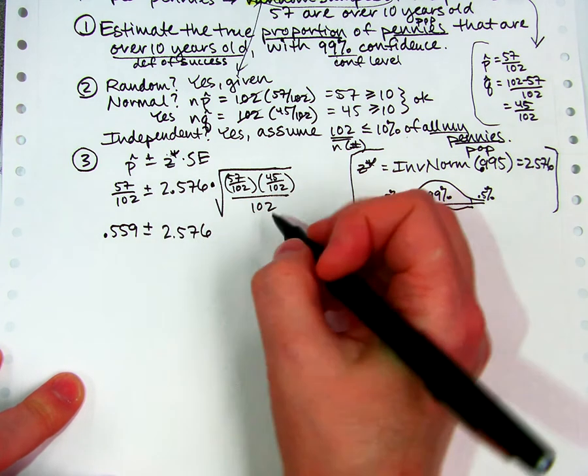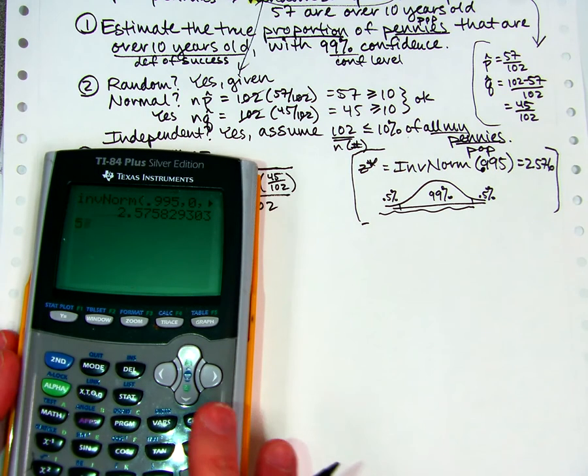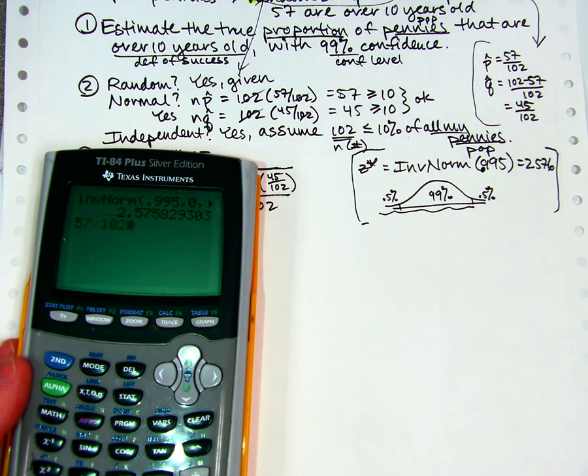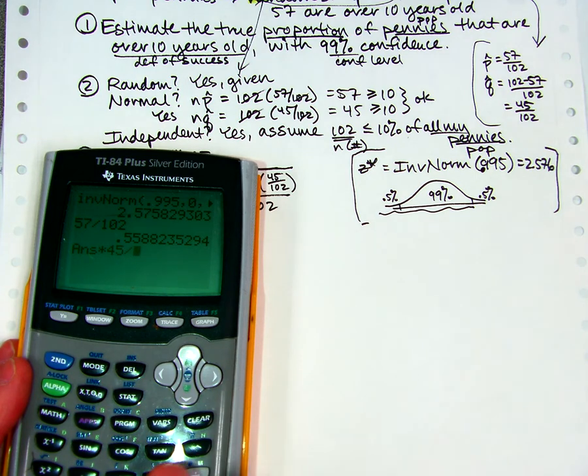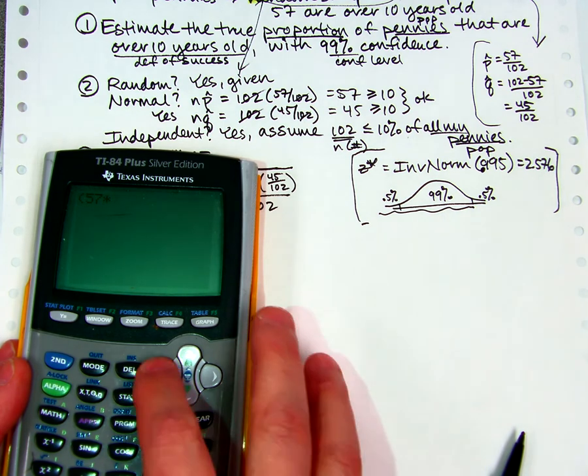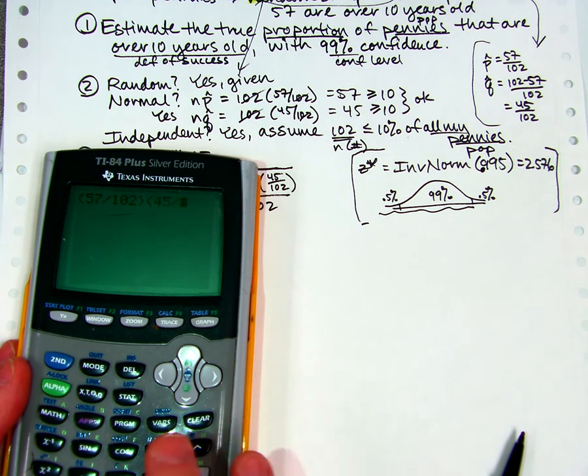And then I'm going to do this whole thing. Actually, I'm going to demonstrate good calculator form. 57 divided by 102, and then times the 45 out of 102. You could put parentheses if you wanted to. In fact, maybe I will. If you want to type this all at once, you can. Out of 102 times 45 out of 102 divided by the 102.